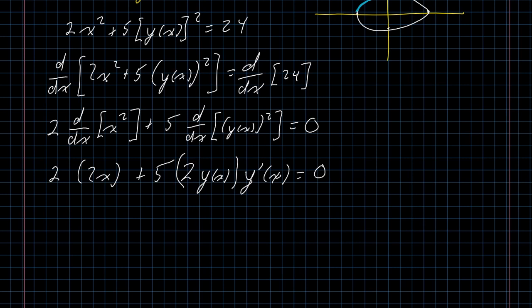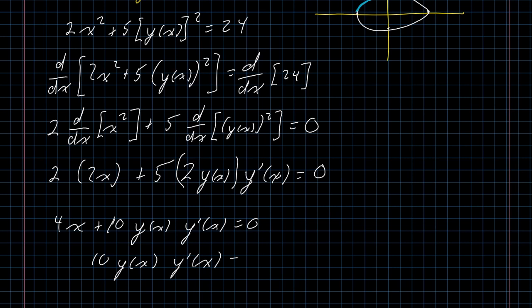Now from here, my goal had been to take the derivative of y as a function of x. And I have the derivative of y as a function of x appearing in my equation. So let's do a little bit of creative rearrangement. We've got 4x plus 10 times y of x times y prime of x is equal to 0, which means that 10 times y of x times y prime of x is equal to negative 4 times x.